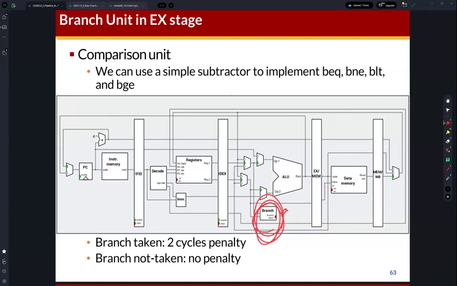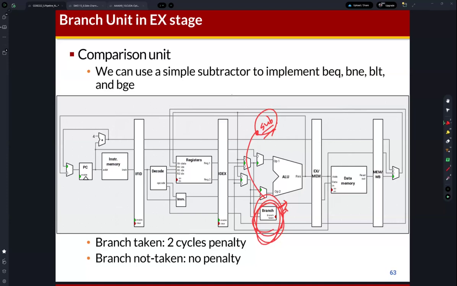I mentioned that in order to support the 4 different branch instructions, we need to use the subtractor. The good thing is that if we implement the subtractor, we can implement a fast subtractor.